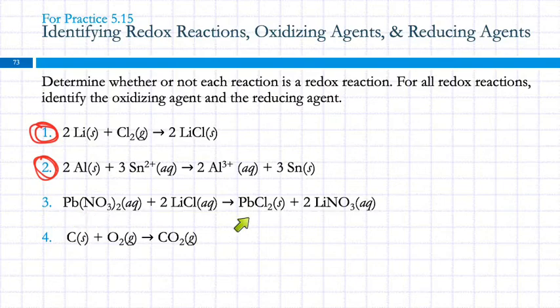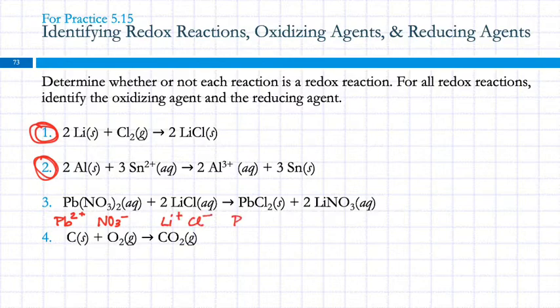Here we've got a lot of switching around going on. We have lead and nitrate, lithium and chloride, and then they're swapping partners. Let's think about how we do that. This is lead 2 and nitrate, and this is lithium ion and chloride ion.